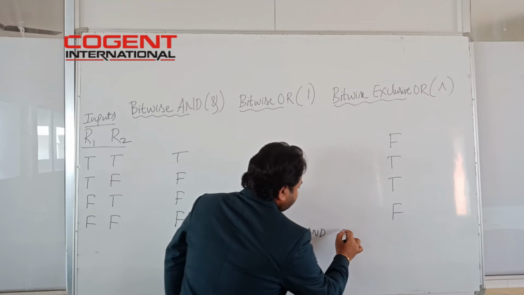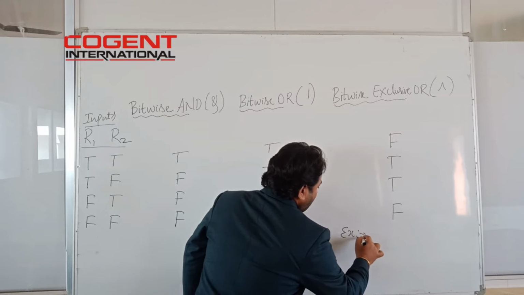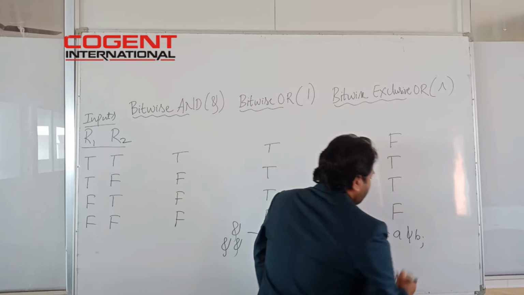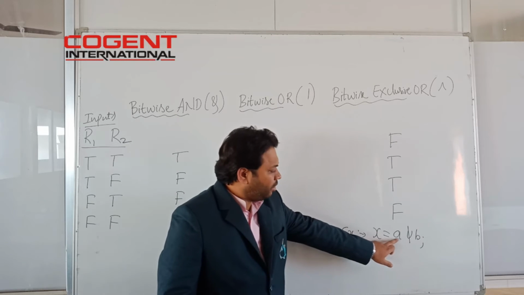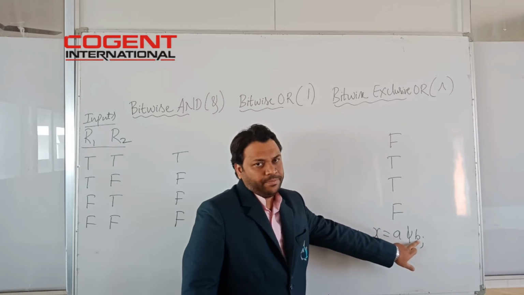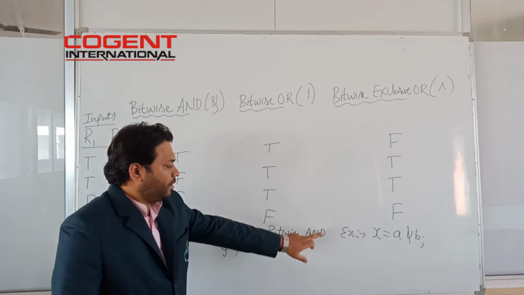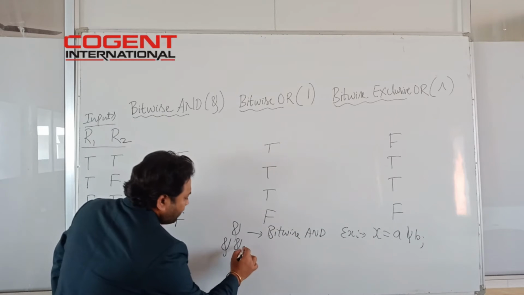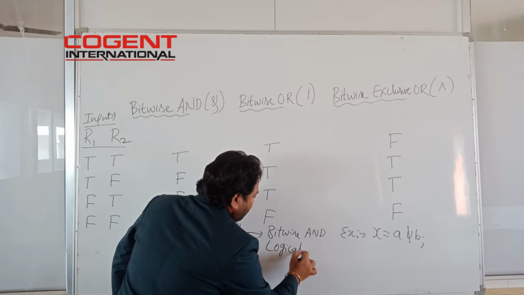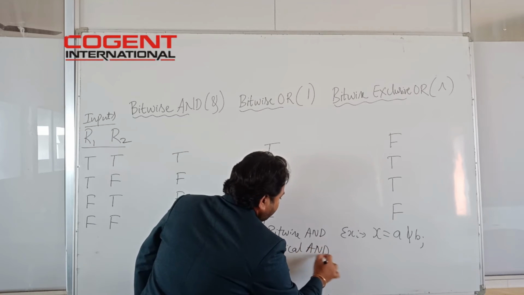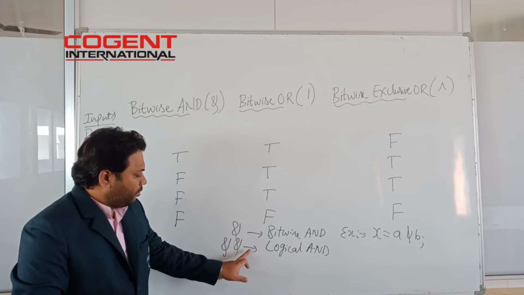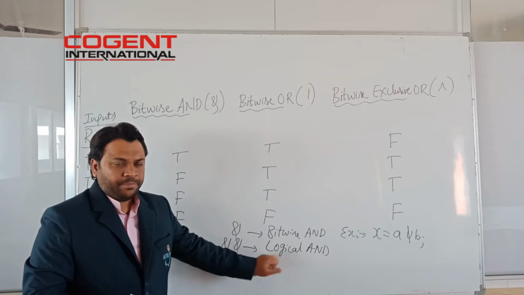For example, if I perform x is equal to a & b, this will perform the bitwise AND between the values of a and b. Getting my point? This is the bitwise AND, and the double AND symbol, &&, indicates the logical AND operation, as we have used in the previous example.